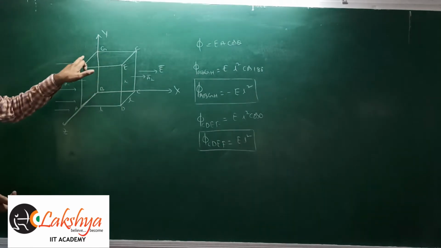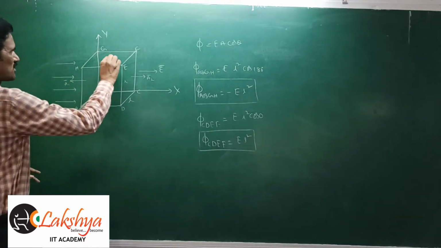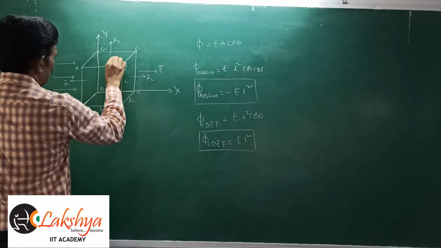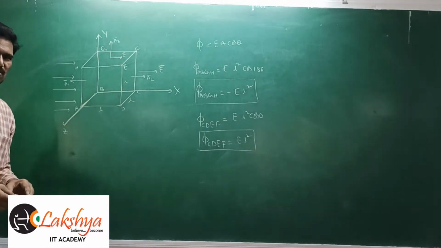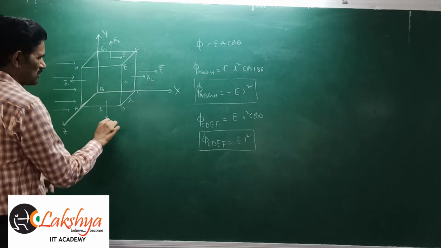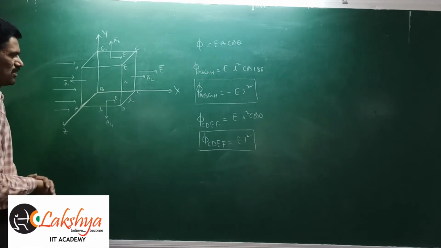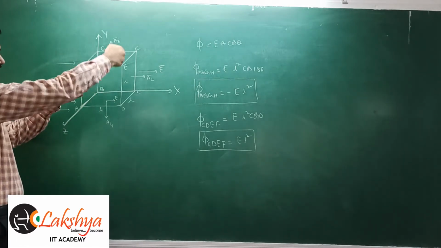Next, if I consider the top face, the area vector will be along this direction and the field is along this direction. So they are perpendicular to each other, and the flux passing through it will be 0. Similarly for the bottom face, A4, the flux is also 0, and for this side and the back side also 0.